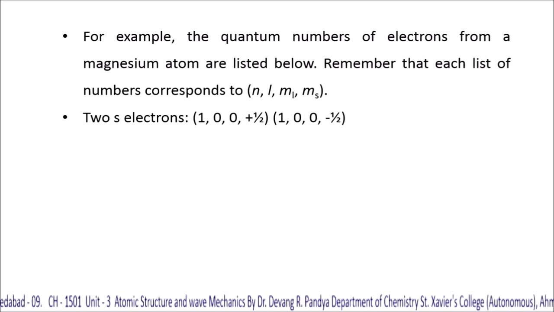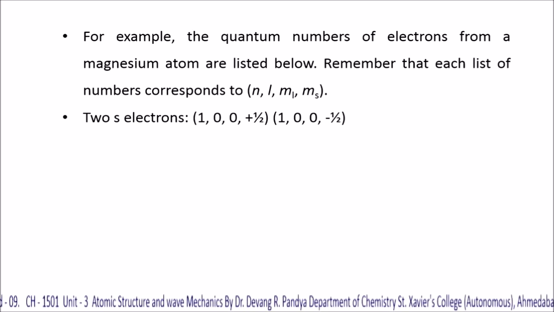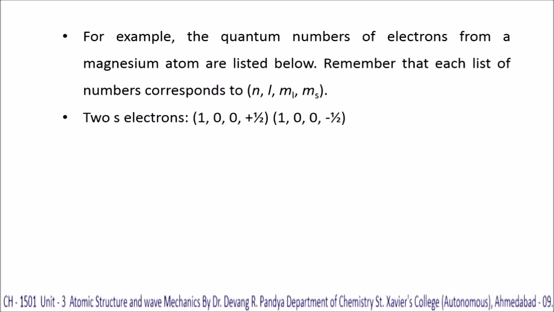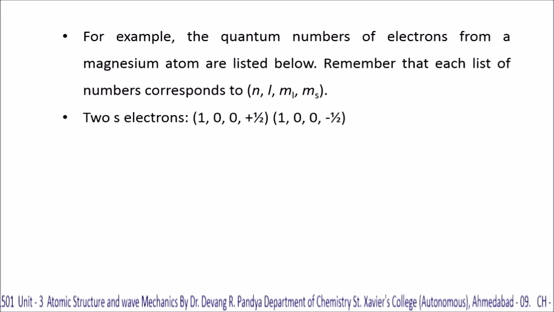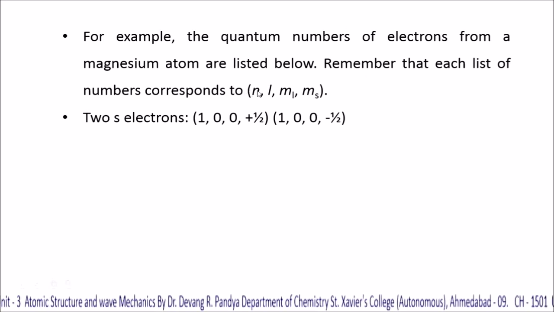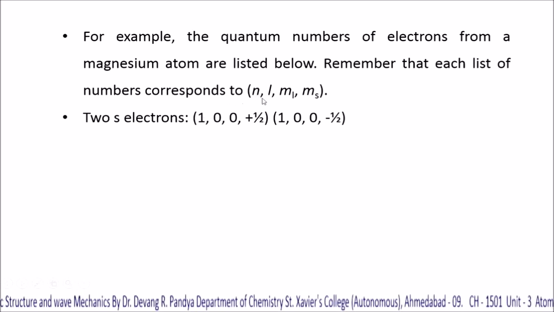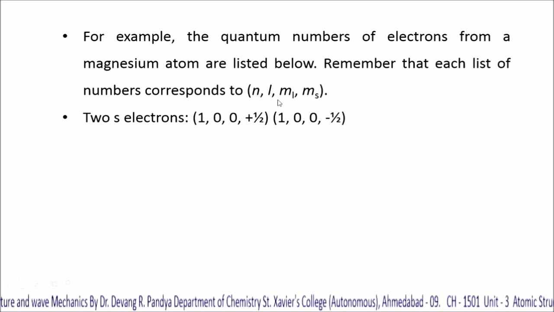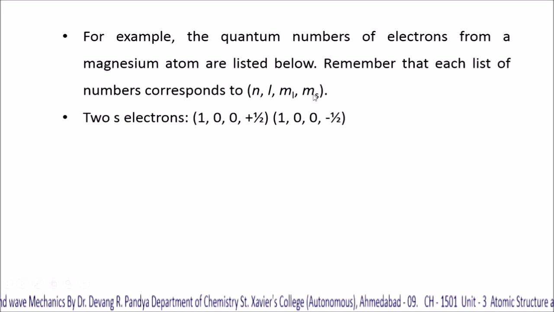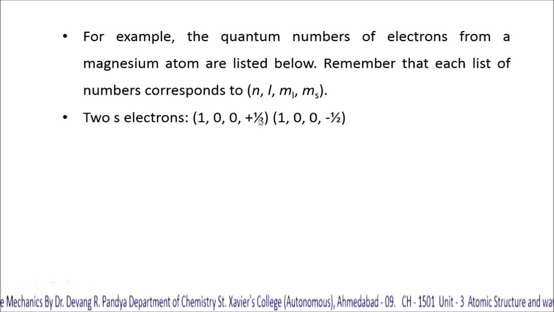Two s electrons represent n equal to 1, L equal to 0, m subscript L equal to 0. I would like to represent it this way: n equal to 1, L equal to 0, m subscript L value 0, m subscript S value plus half.